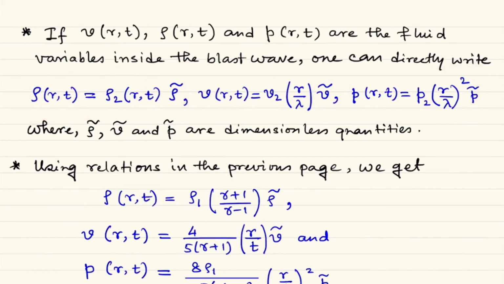Rho will be simply equal to rho 2, at the surface, when we are moving to the surface from the inside.